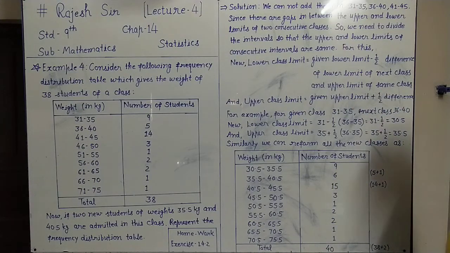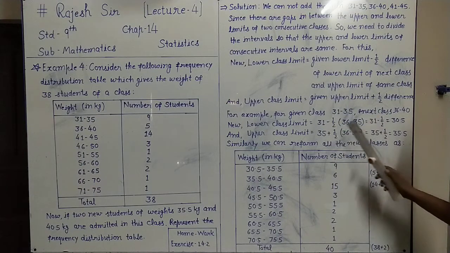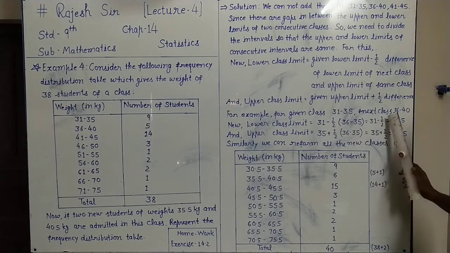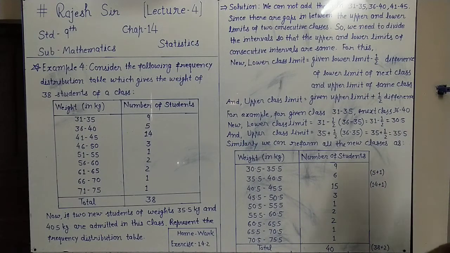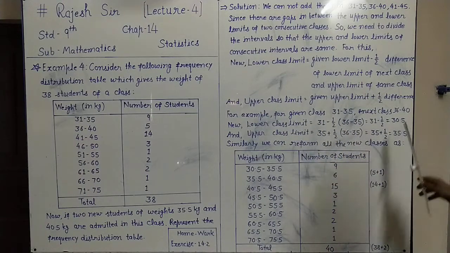This way we will get the difference. And it gives 31 as it is minus half: 36 minus 35 is 1, and 1 into 1 by 2 is 1 by 2 only. So 1 by 2 is 0.5. So 31 minus 0.5 is 30.5. This way we get the new lower class limit.